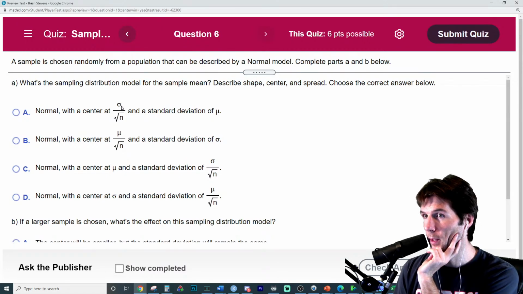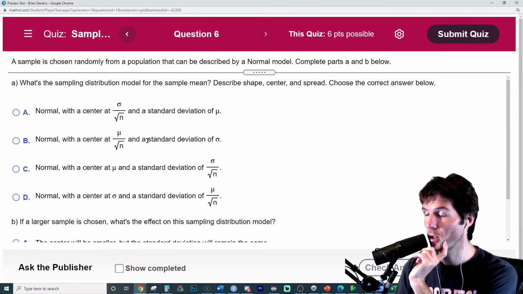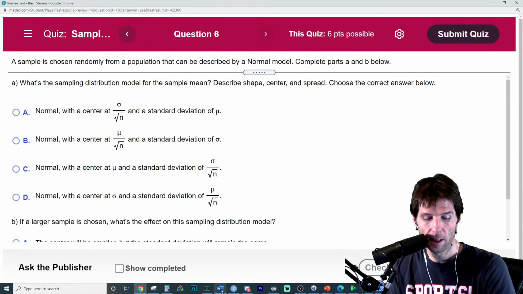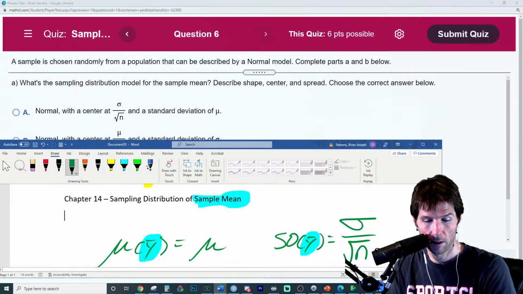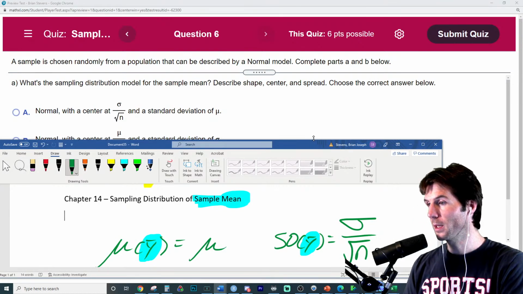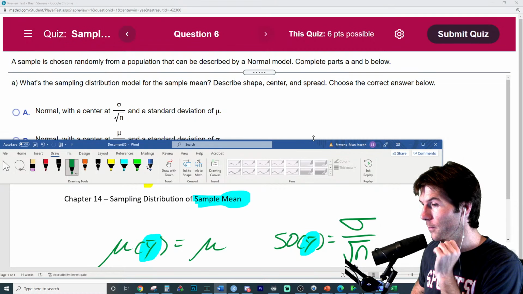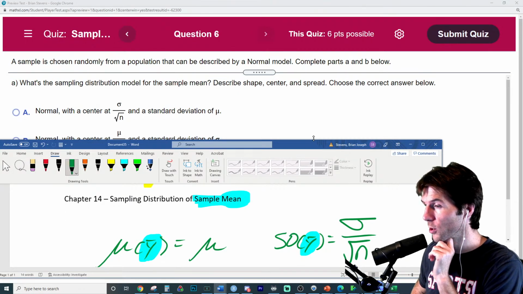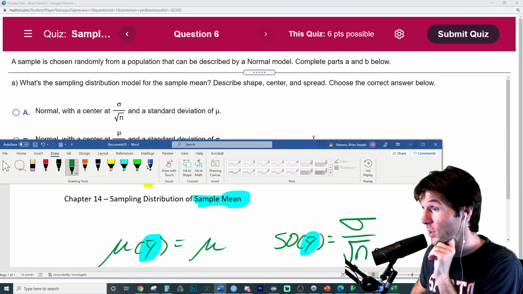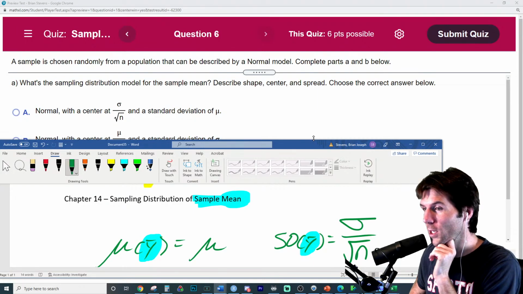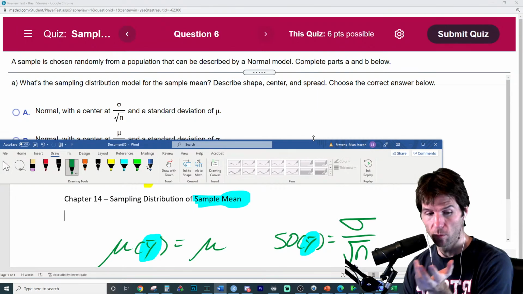So when we do this, the mean for the distribution of the sample mean will be what? Sigma over square root of n? Mu over square root of n? Mu or sigma? It'll be mu.